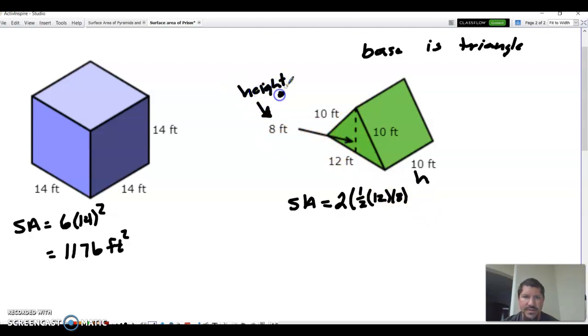So height of triangle. This is the height of prism. Two completely different things.